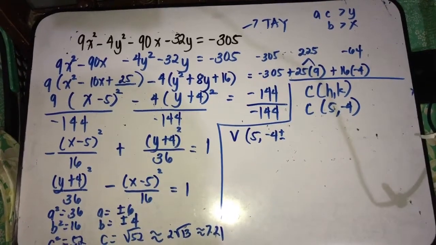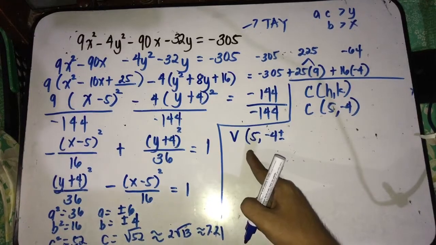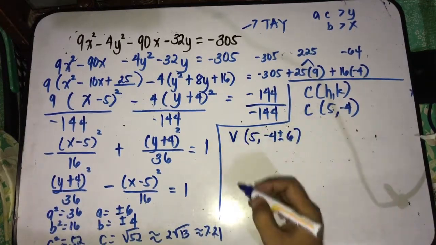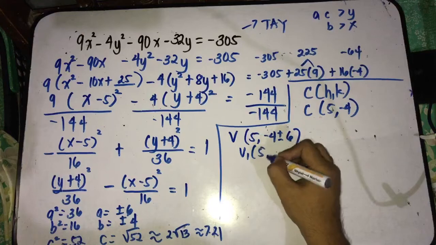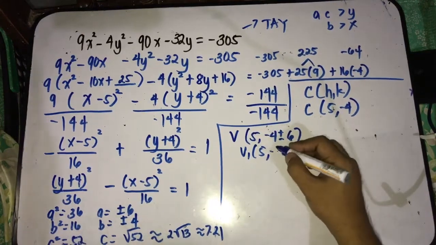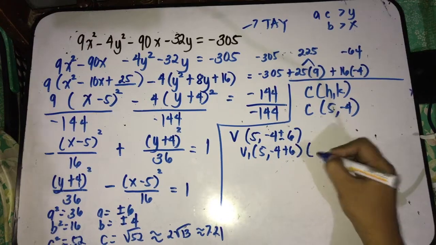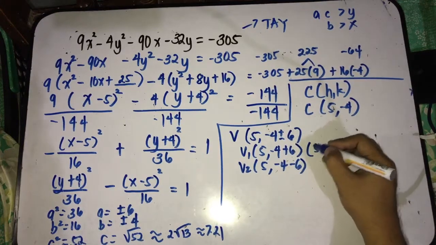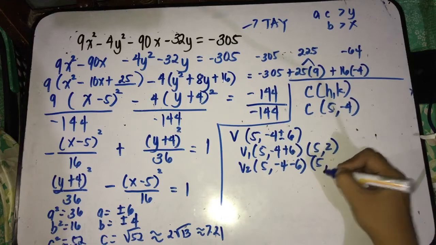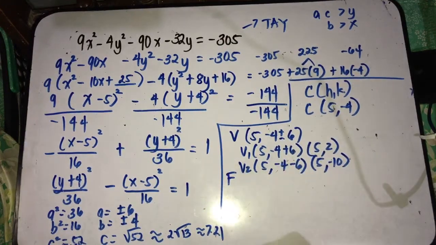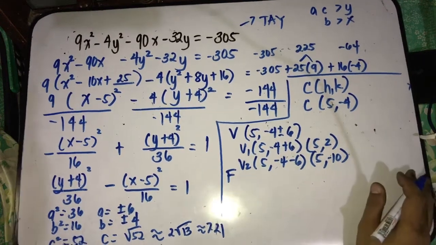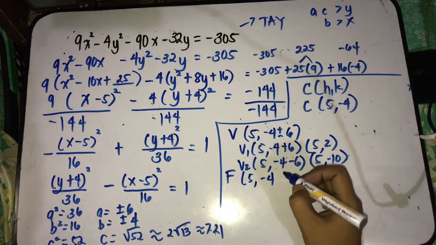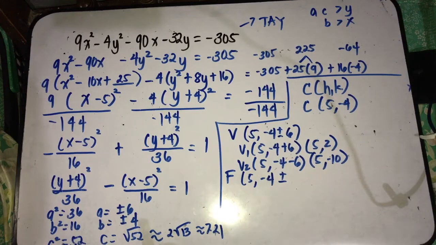So this becomes V is 5, negative 4 plus 6 and 5, negative 4 minus 6. Therefore, V1 is 5, 2 and V2 is 5, negative 10. For the foci, that should be 5, negative 4, plus minus c, which is plus minus 7.21.